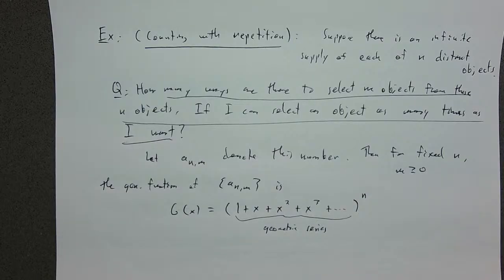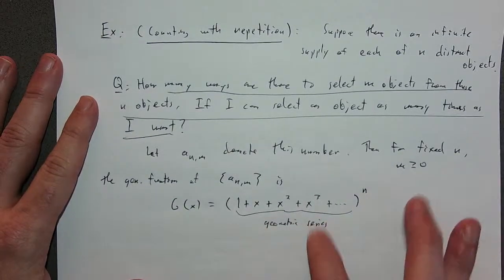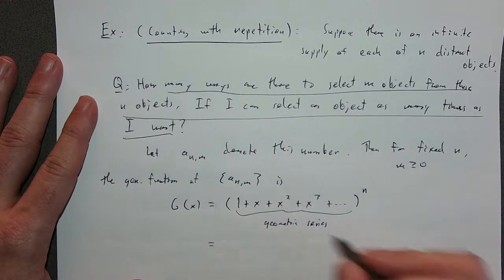Geometric and telescoping are basically the only two series we can just compute. There are a couple of other mixed examples, but for the most part, computing the actual sum of a series, even if you know it converges, is just impossibly difficult. So if it's not geometric, not telescoping, you're kind of out of luck in most cases. Here it is geometric though, so we actually know how to deal with it.